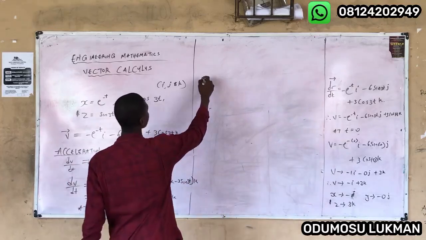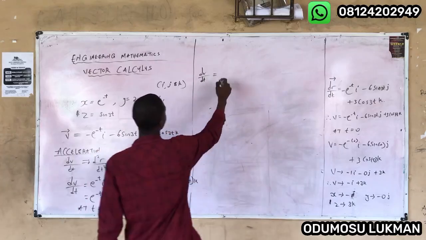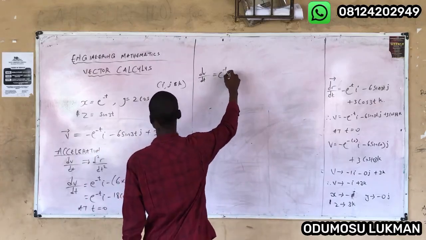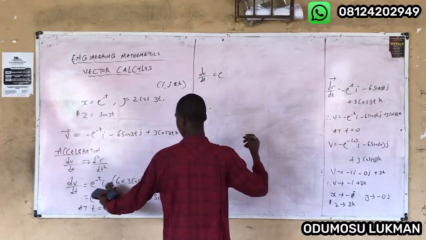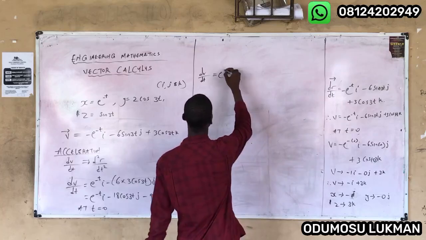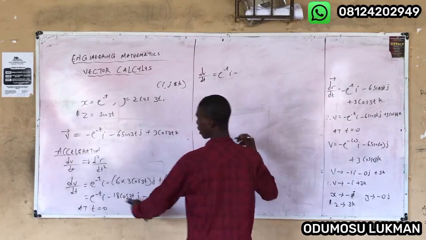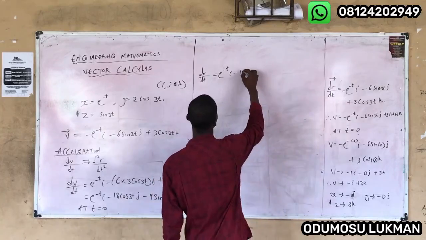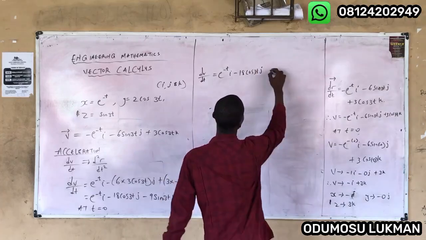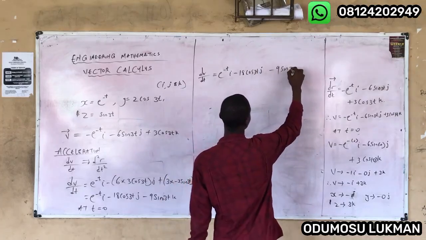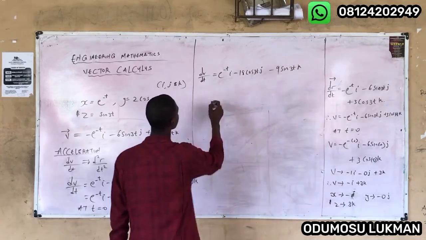So we have dv over dt being exponential minus t i, minus 18 cos 3t j, minus 9 sine 3t k, at t equals 0.